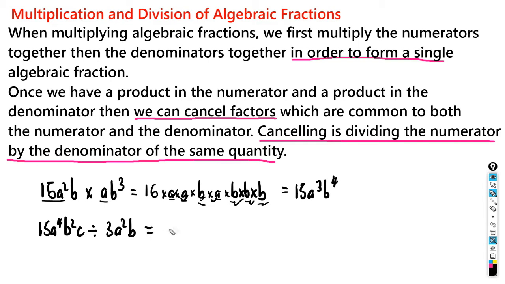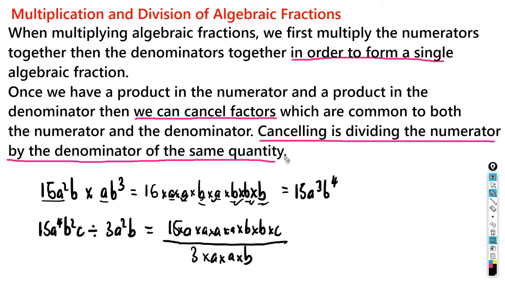So in this case, we're actually going to have everything on the numerator, which is 15 times a times a times a times a, so it's 4 a's, times b times b times c, so that's the numerator. And we'll have the denominator here, and it's 3 times a times a times b. So we're going to do the same thing.